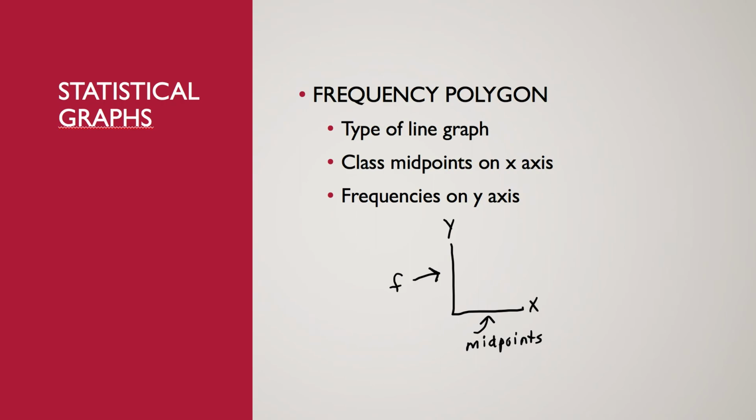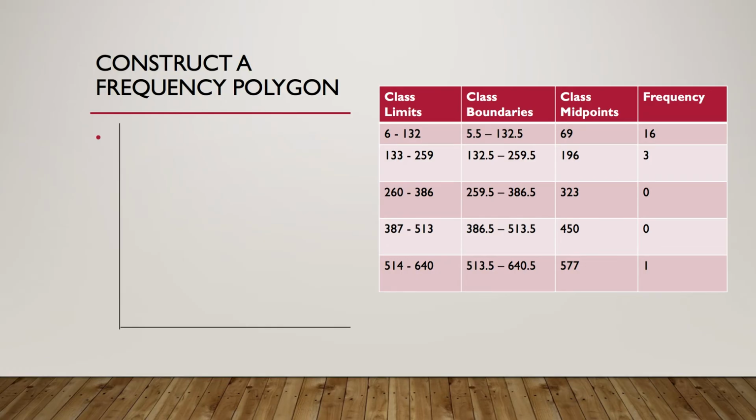All right, so let's go ahead and take a look at an example and see about constructing a frequency polygon. So remember that your midpoints are going to be used for your x, and your frequencies are going to be used for your y. So I want to begin by going ahead and marking off the midpoints across the bottom of the graph. Now note that I have 5 midpoints, and so I'm going to need 5 tick marks.